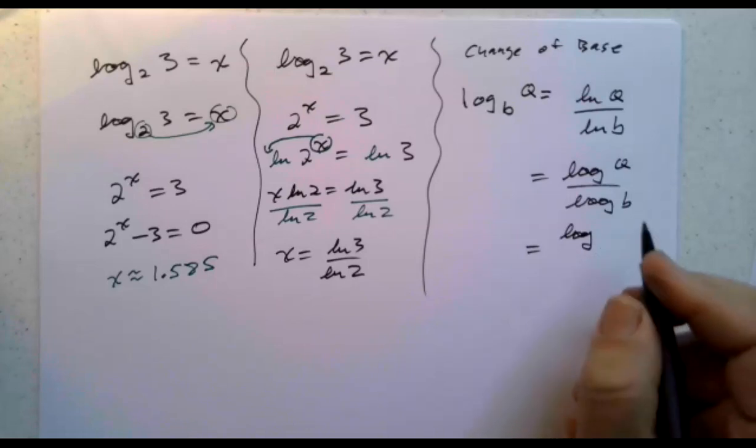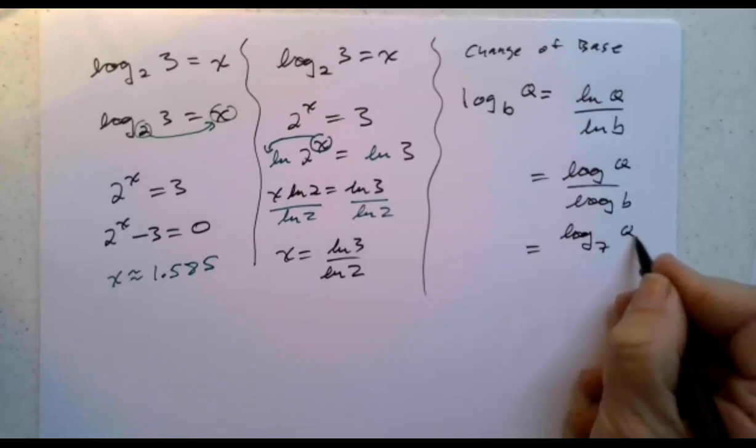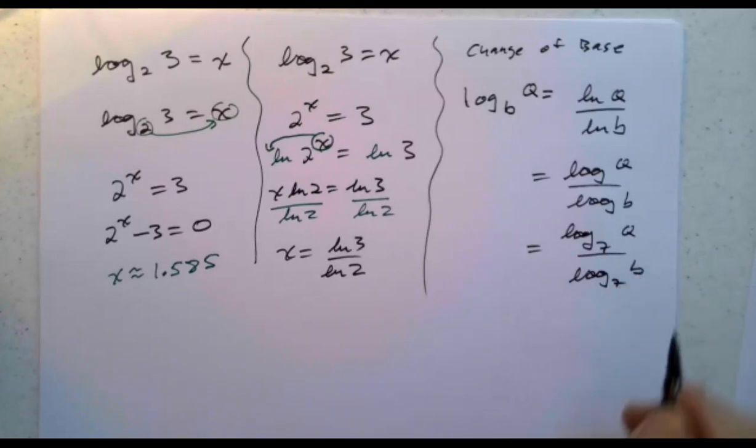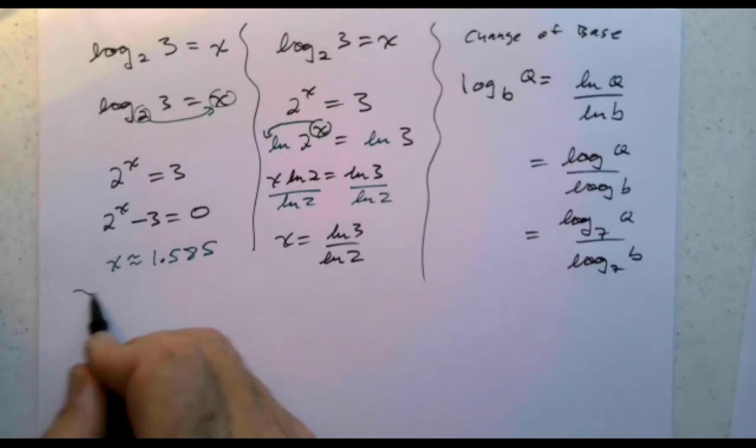Or log base 7 of q over log base 7 of b. So that works. I'd like you to know why, right? That's helpful to know why.